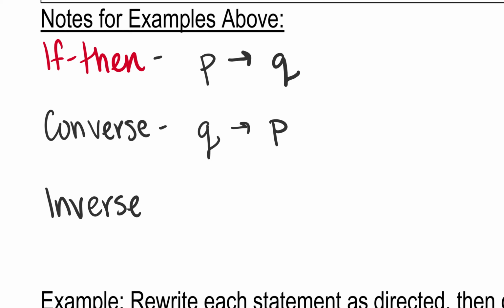Inverse means I'm going to take the first if-then, the PQ, and I make both statements the opposite, or not. Another term we use is negate. So you negate something, you make it not true, or make it the opposite of what it is. So the way I would write that is if not P, then not Q.